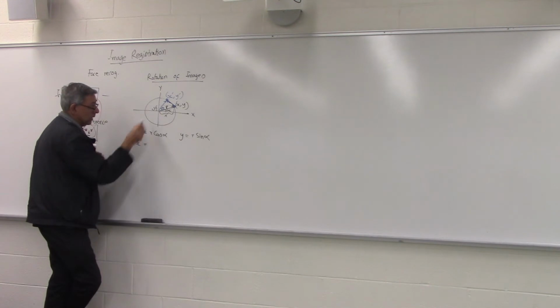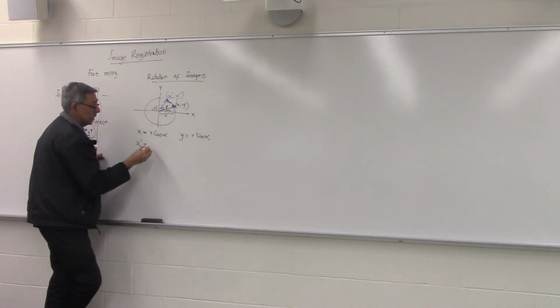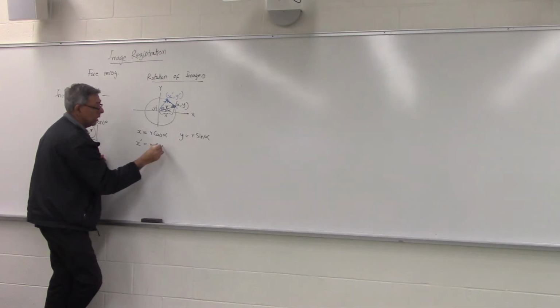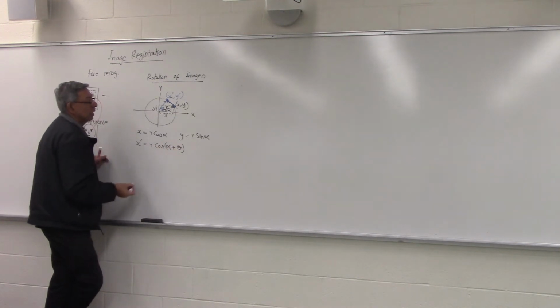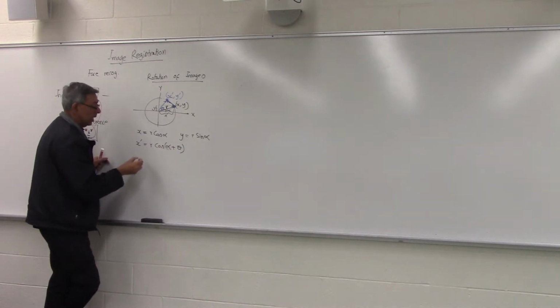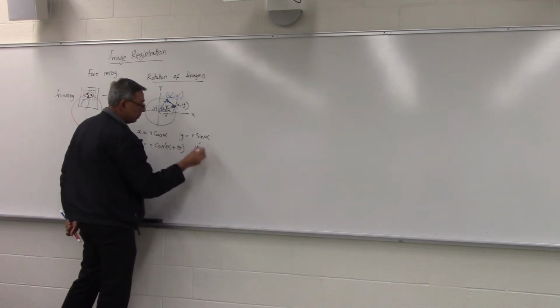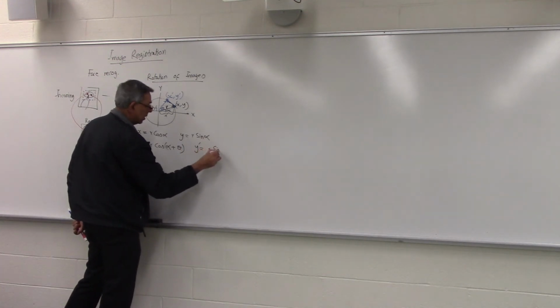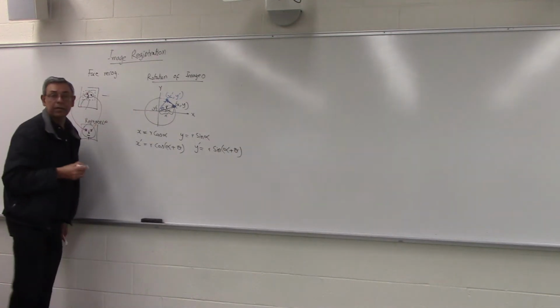So x prime will be r times cosine of, what's the total angle now? Alpha plus theta, right? And very similarly, y prime will be r sine of alpha plus theta, correct?